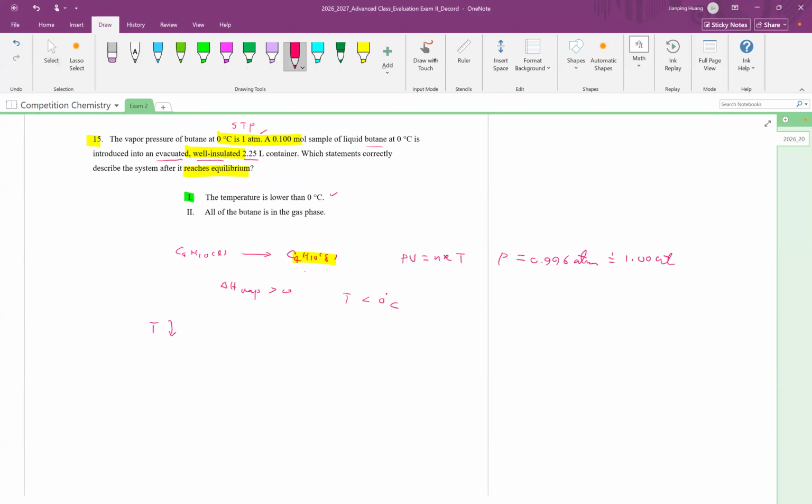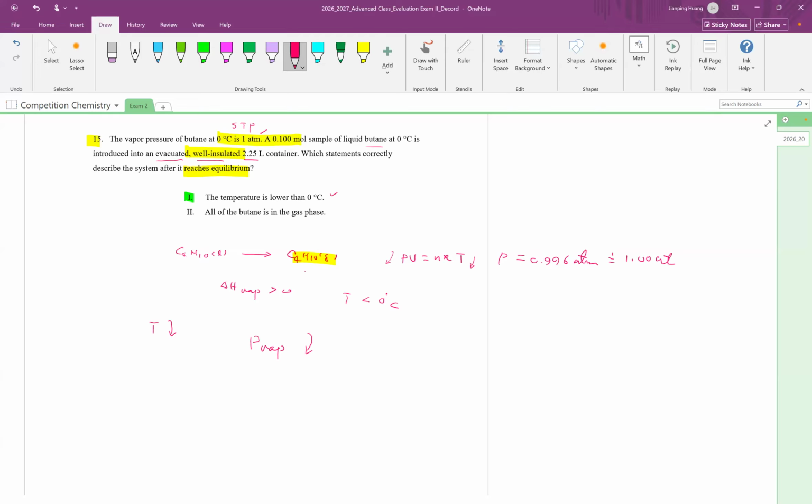What will happen? Let's look. As the temperature decreases, the vapor pressure, do you think it will decrease too? See, the temperature decreases, and this should decrease too.